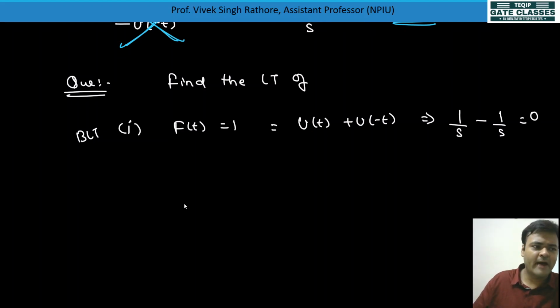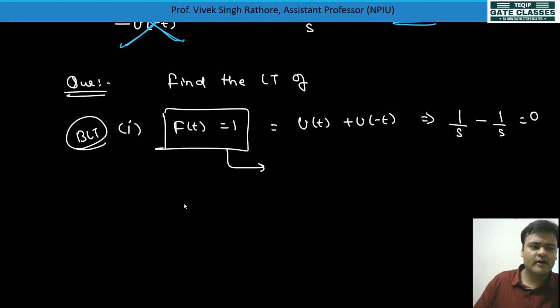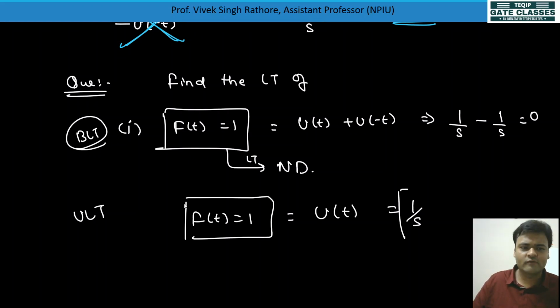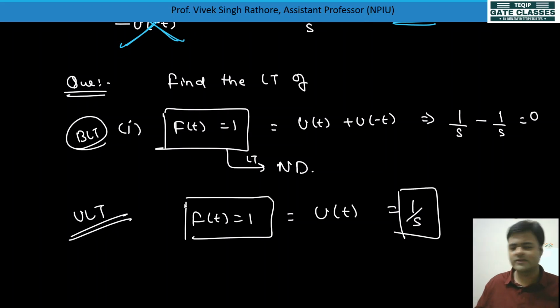So in the bilateral Laplace transform, f of t equal to 1 has no defined Laplace transform. But for the unilateral Laplace transform, f of t equal to 1 is only u of t, because u of minus t will not exist. So only 1 by s will come. Ultimately, for f of t equal to 1, the Laplace transform will be 1 by s for the unilateral Laplace transform.